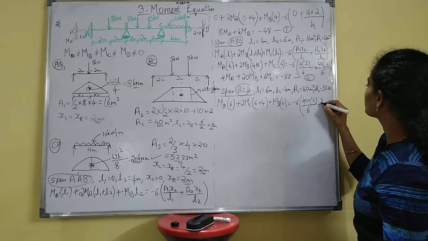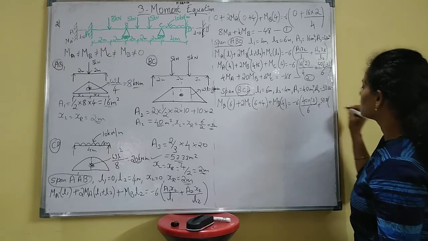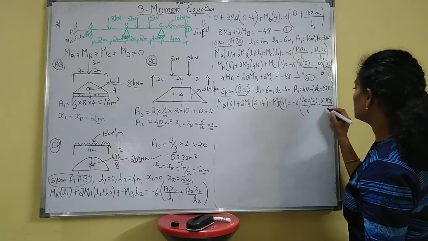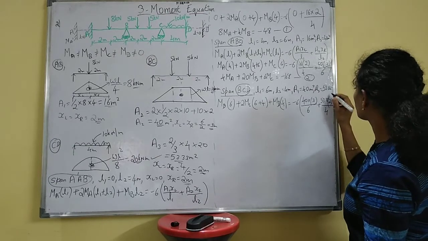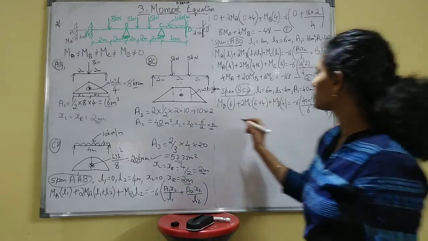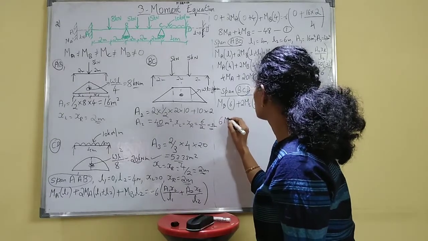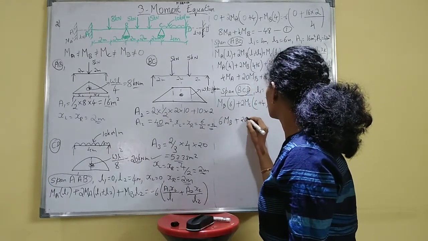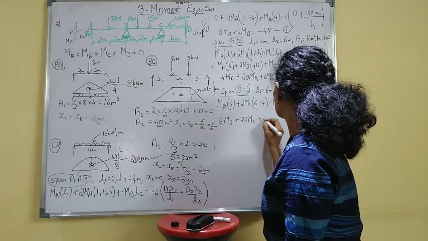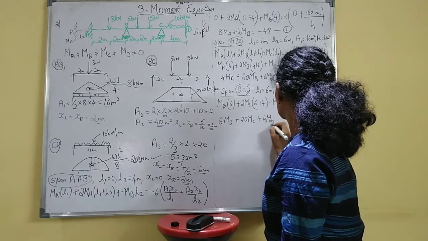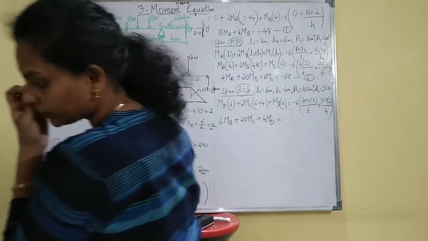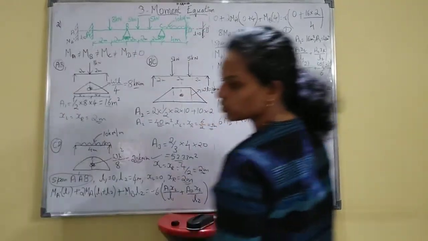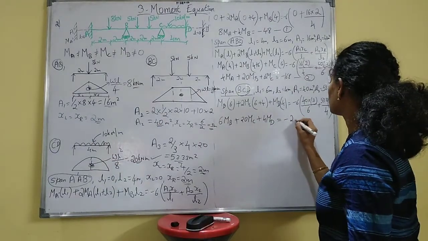So next is 53.33. See, XR is again 2 divided by the distance 4. Okay, now simplify, you will get 6 MB plus 20 MC plus 4 MD equal to minus 279.99.